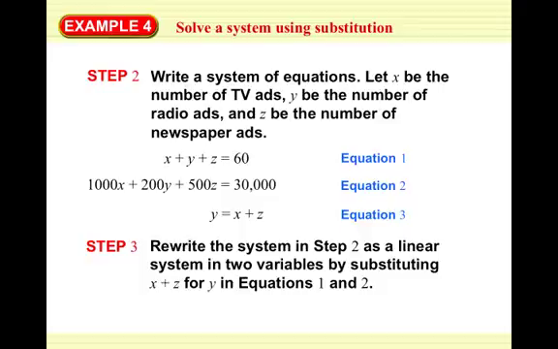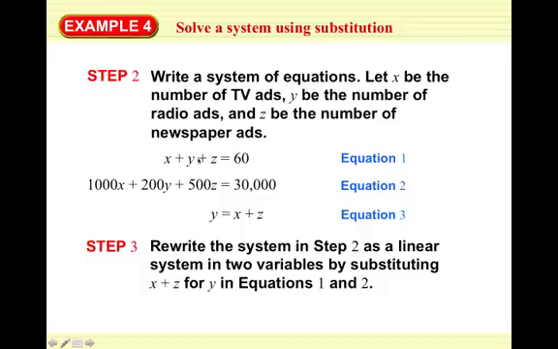Okay, now if you look, we've got Y equals X plus Z, so we can rewrite this system here and here as a linear system in two variables by substituting X plus Z for Y in equations 1 and 2.